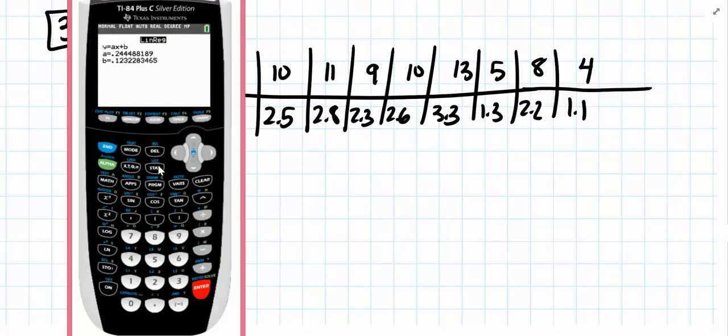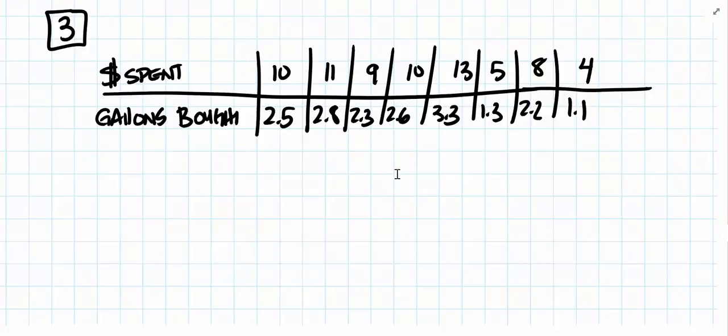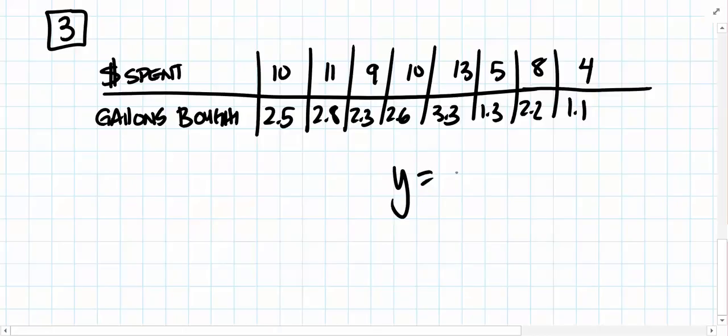Notice it says that a is 0.2444, and so on, and b is 1.2. Now, if your data isn't the same as my data, you're going to have different values here for the a and for the b. Okay, so at this point, what we do is we get a piece of paper somewhere and write down y equals ax plus b. And we ask our calculator, what was the value of a?